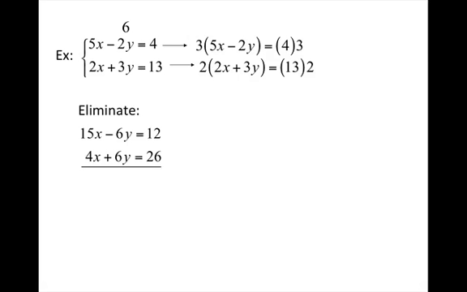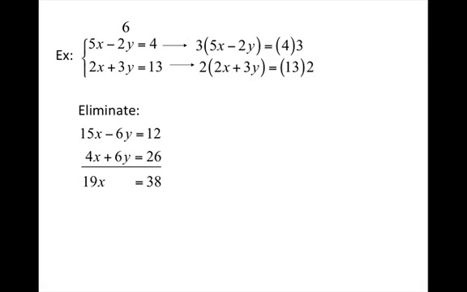The second equation becomes 4x plus 6y equals 26. If I add these, my y's are going to cancel. So add your x's. 15x plus 4x gives me 19x. The y's eliminate, and 12 plus 26 gives me 38.